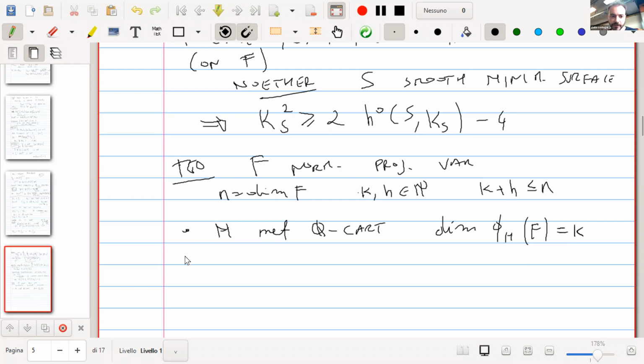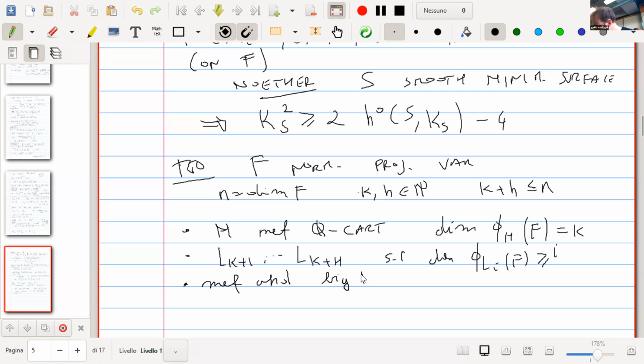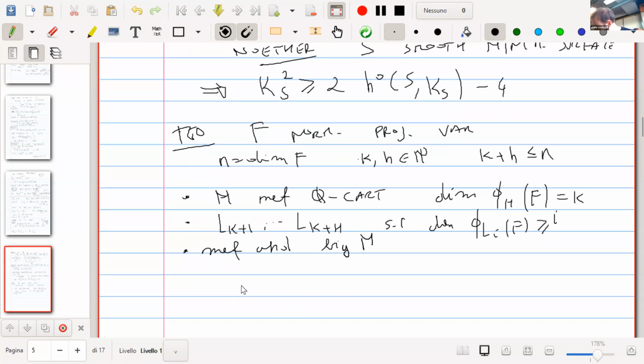Okay. Then you're given other line bundles L K plus 1 through L K plus H, Cartier divisors, such that the dimension of phi Li of F is at most I, and then you get an F and big bundle M, and then you have an inequality of this shape.